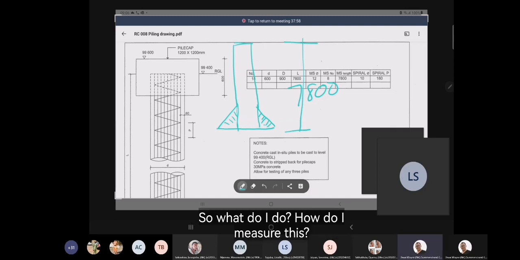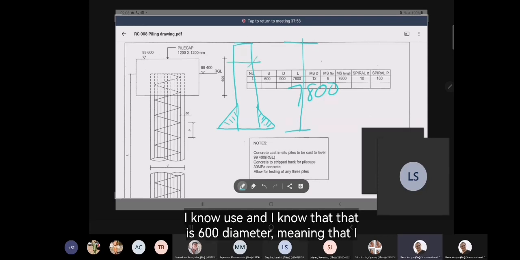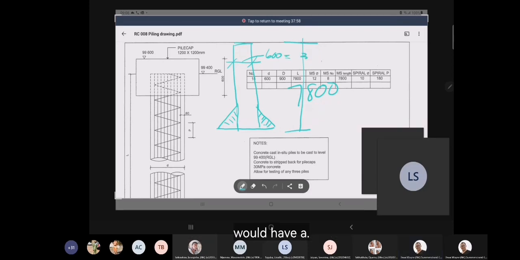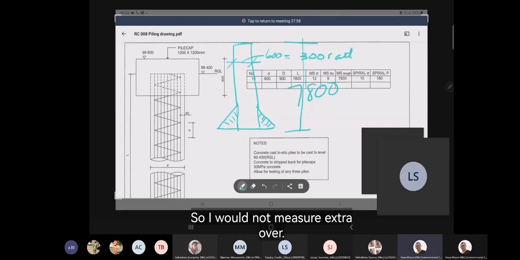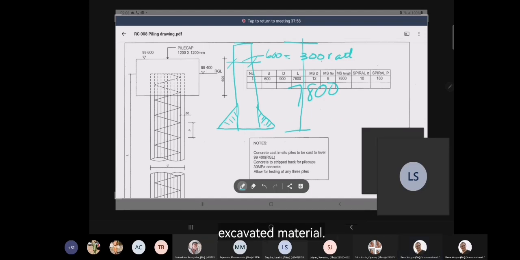So what do I do? How do I measure this? I now use, and I know that that is 600 diameter, meaning that I would have a 300 radius. So I would now measure extra over augering and under-reaming for carting away the surplus excavated material.